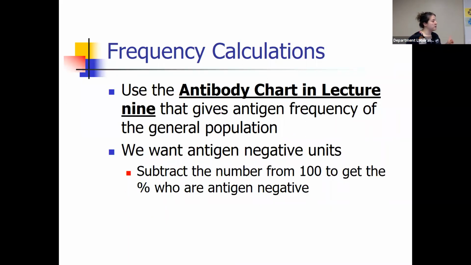Your antibody chart that is in lecture 9 gives you the frequency of these antigens. Keep in mind, the frequency of those antigens is the population that is antigen positive. So if you are looking for donors that are compatible, you will need to subtract that number from 100 to get the population that is antigen negative. Does that make sense?